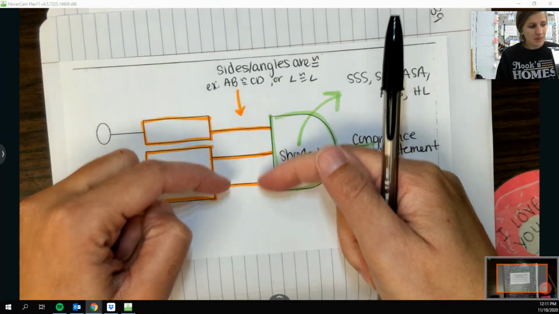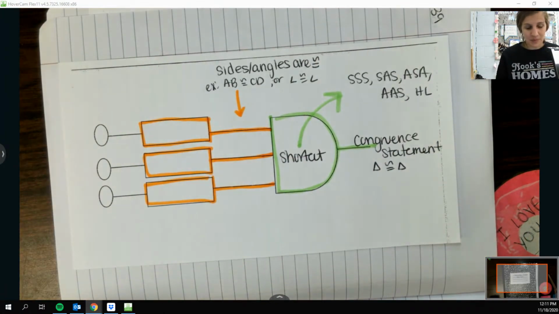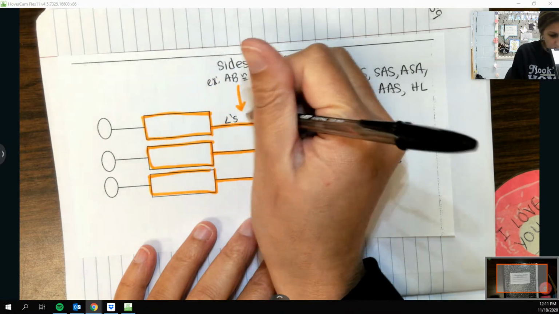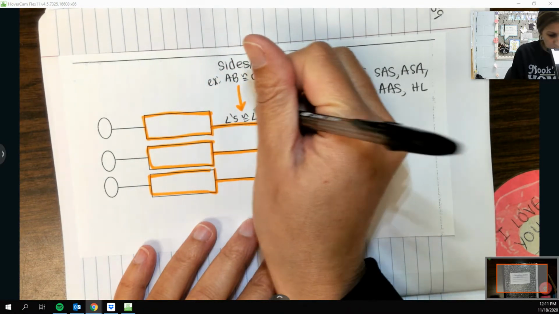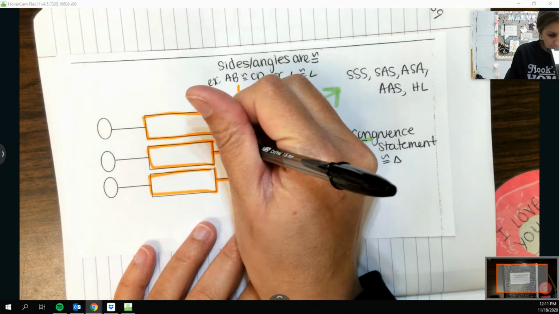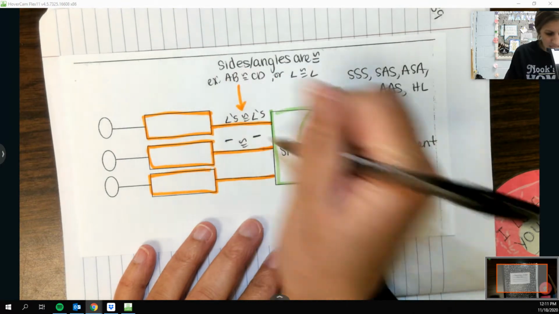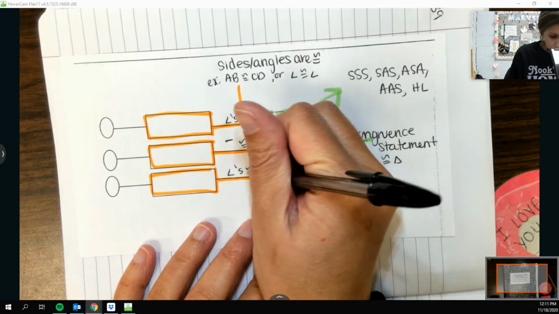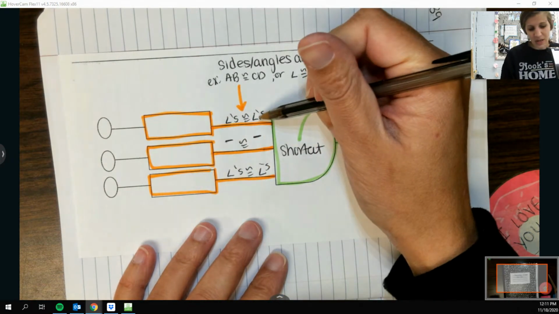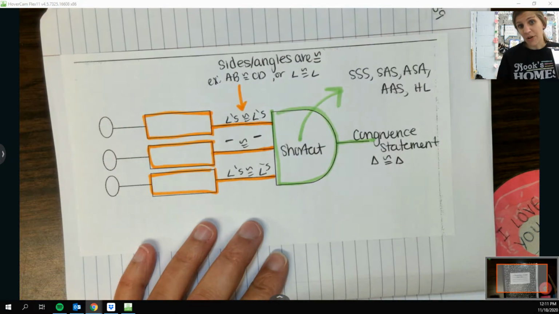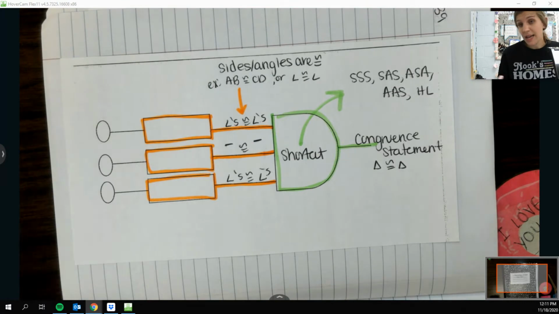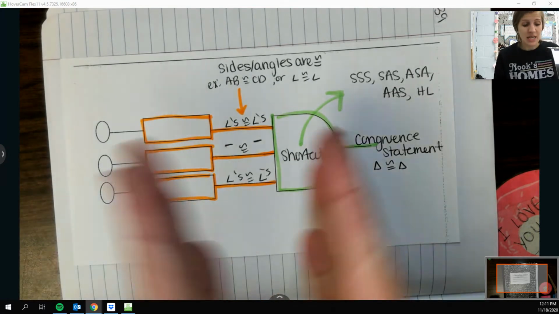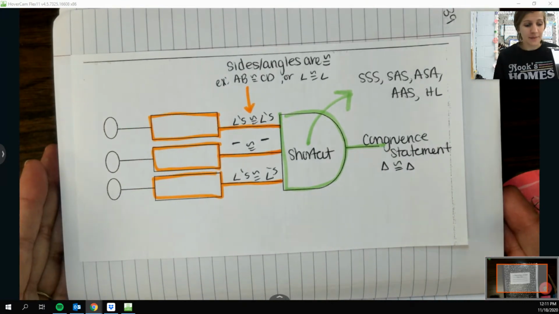So that's what you're going to be putting on the line here: angles congruent to angles, or sides congruent to sides. That's the only thing that you could put on this line. And if we had something written like this, this would imply that it was angle, side, angle. But it could be any combination of those. That's the only thing that you'll write on those lines there.